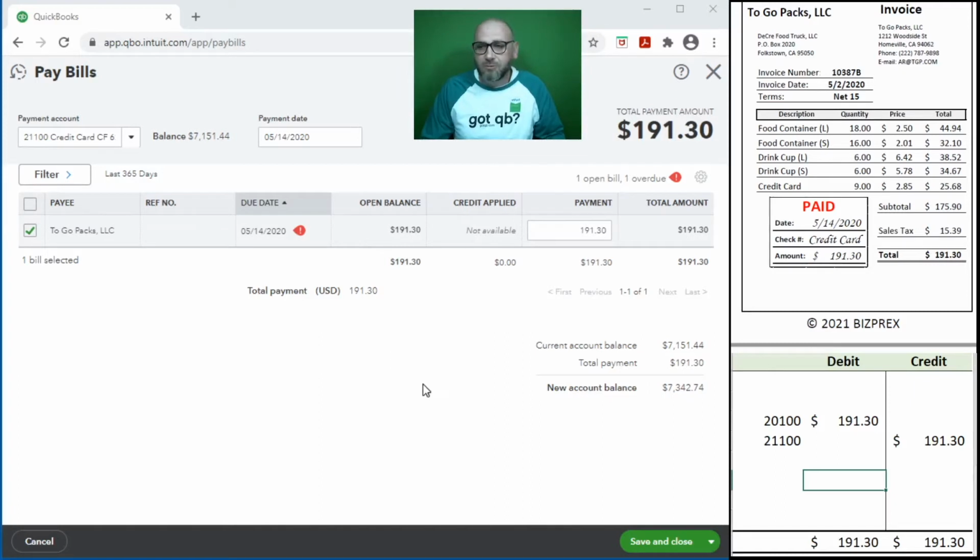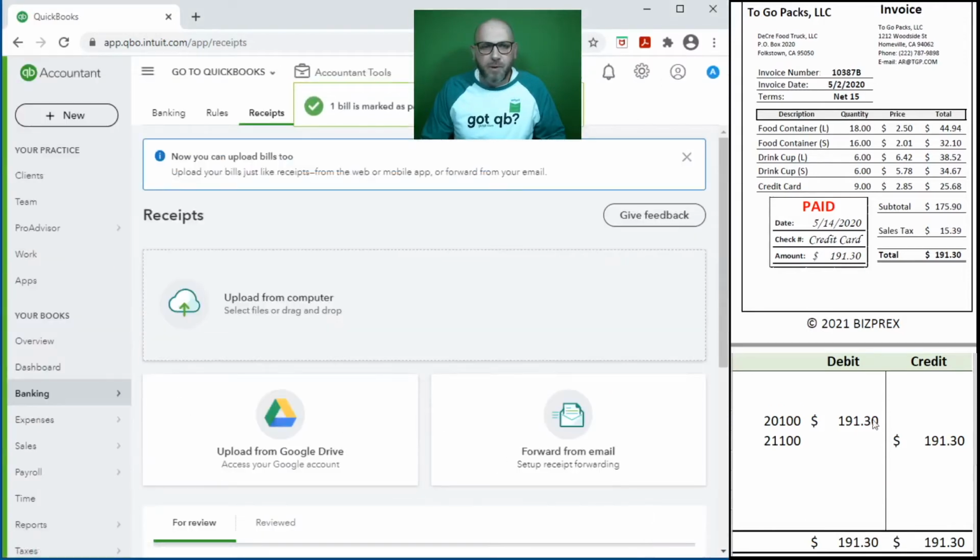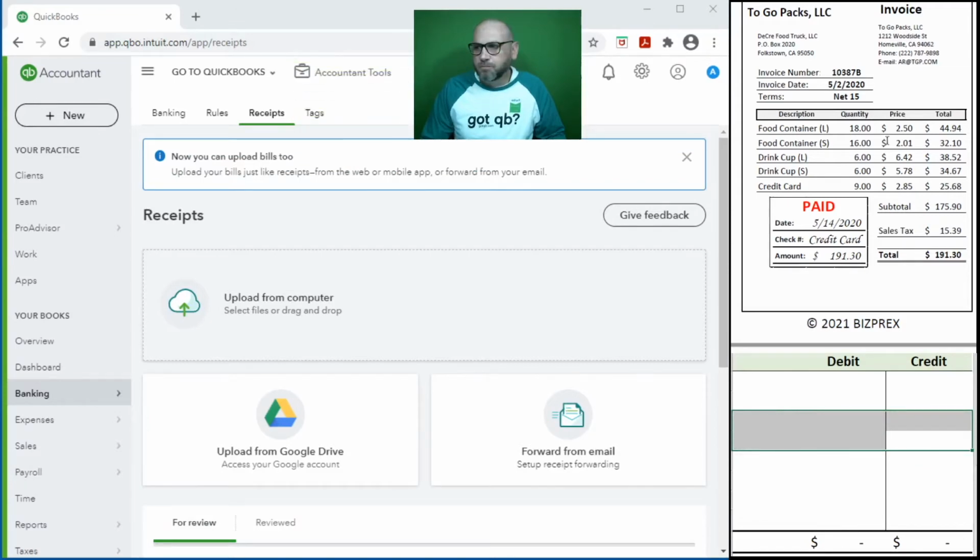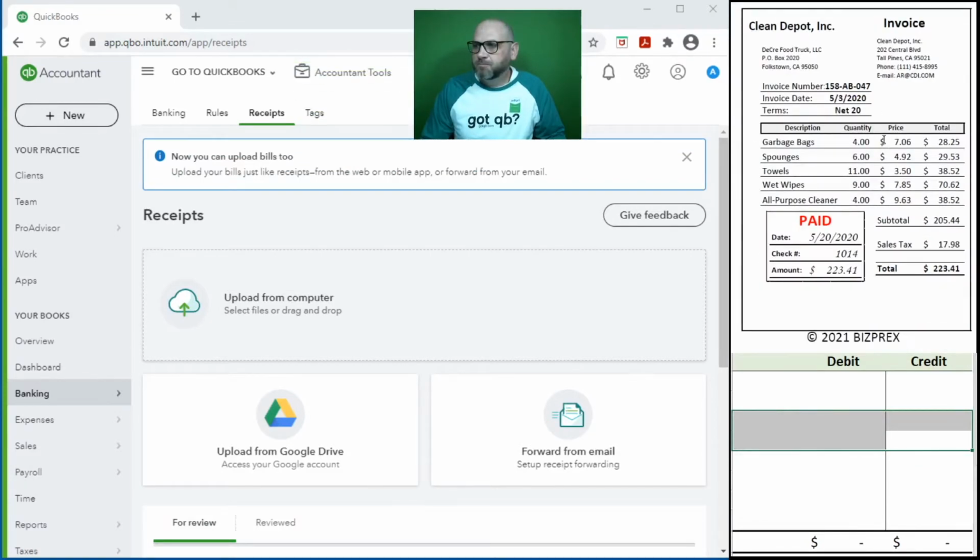That's double entry accounting. There's always debit and credit, and they have to equal each other. We can have as many debits and as many credits on both sides. That doesn't matter. What matters is that at the end, these two equal each other. So again, save and close. All right, this one is paid. Let's go to the next one.